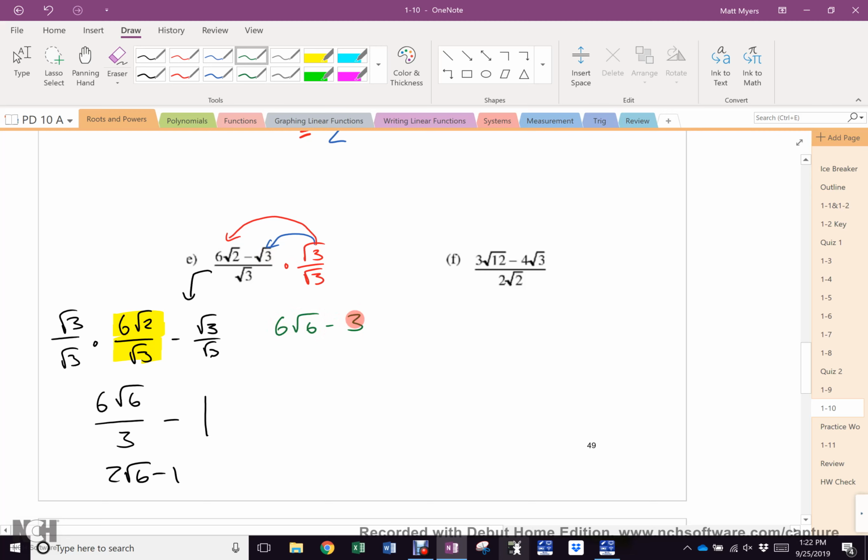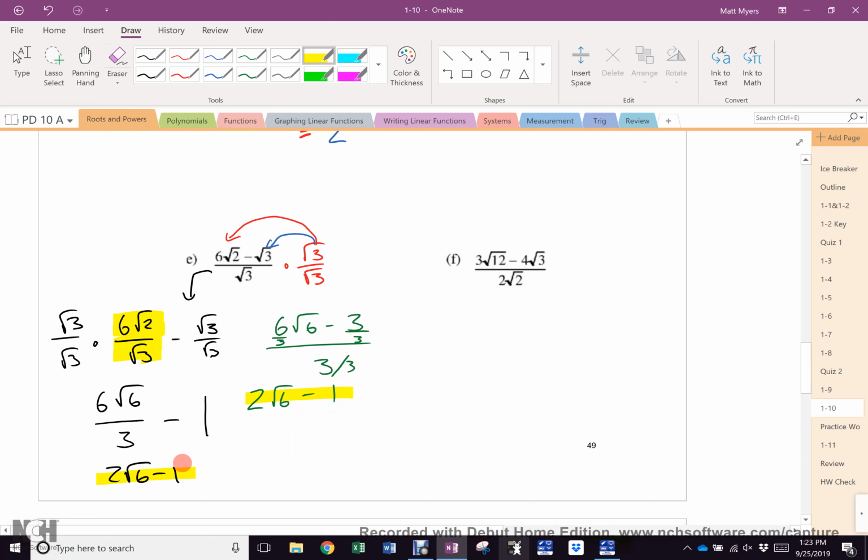Because root 3 times 3 is 3, over 3, yes? Now, I see 6, 3, 3. 3 divides into all of that, doesn't it? So I divide that by 3 to get 2 root 6. I divide that by 3 to get 1. I divide that by 3 to get over 1. Do I ever have a denominator of 1? No. So it is gone, and I end up with the same answer.